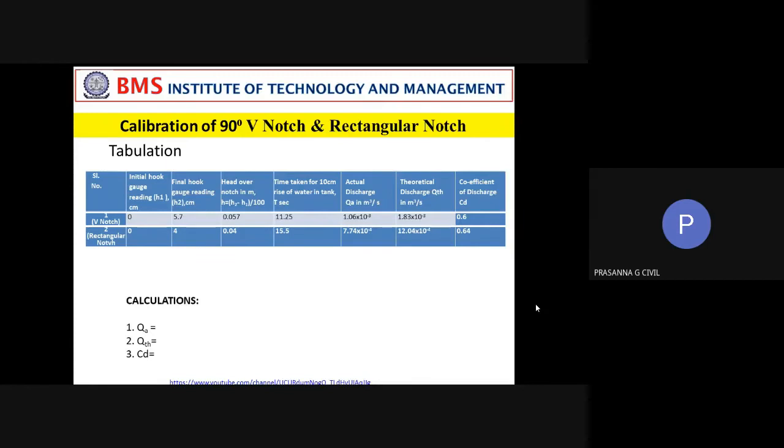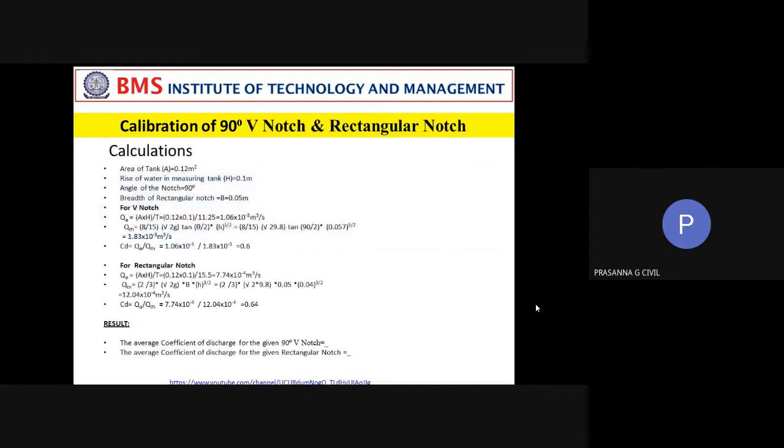So the calculations done for Q actual, Q theoretical, and CD are shown here. Area of the collecting tank was taken as 0.12 square meter, rise of water 0.1 meter. The triangular notch was of 90-degree angle. The breadth of the rectangular notch for the equation for theoretical discharge was taken as 0.05 meters.